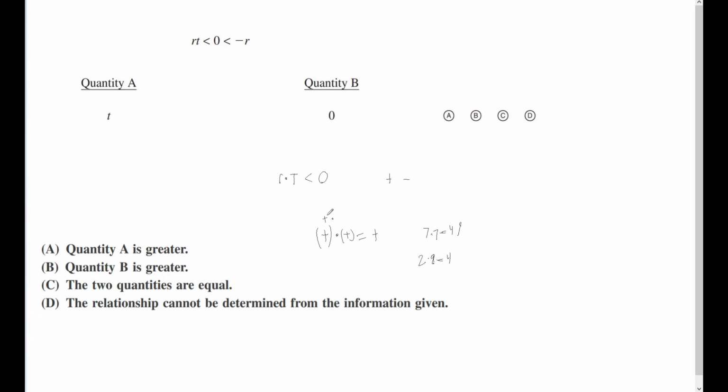So if you've got a positive and you multiply it by a negative, you're always going to get a negative. That would be 7 times negative 7, which is equal to negative 49. Now if you have two negatives, say negative 7 times negative 7, that equals a positive 49. So a negative multiplied by a negative is going to equal another positive.